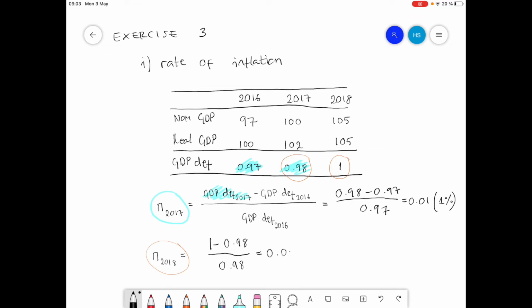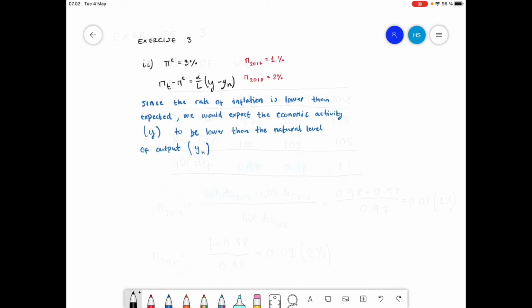This gives us that the rate of inflation is equal to 0.02, which is 2%. So the general price level has increased by 2% from 2017 to 2018.